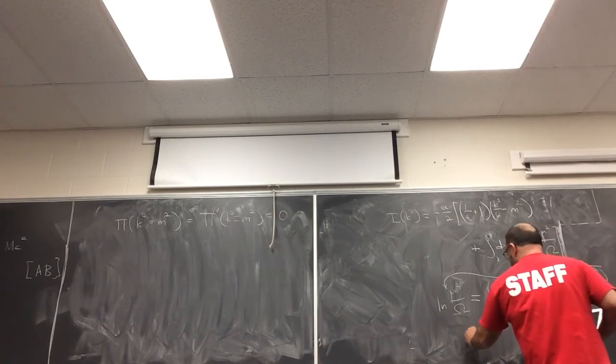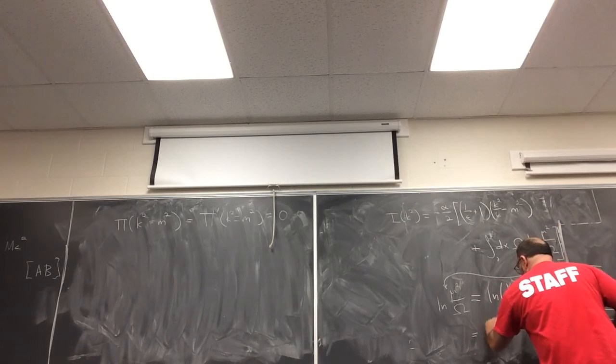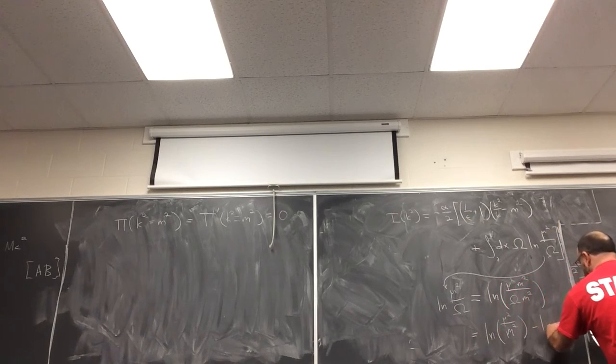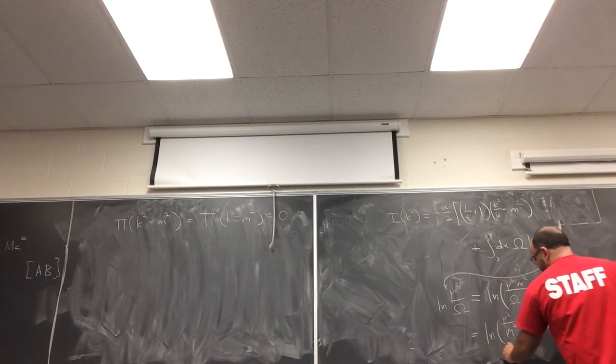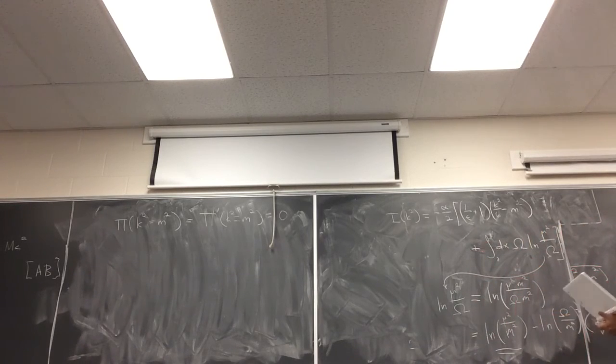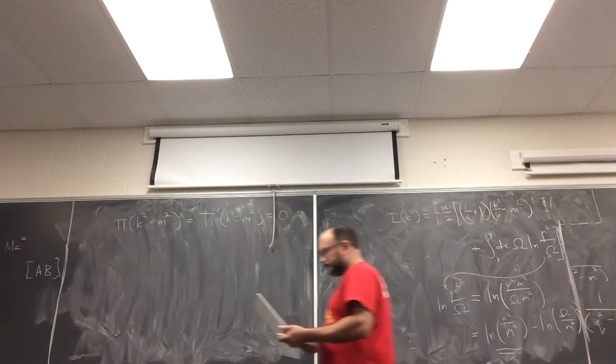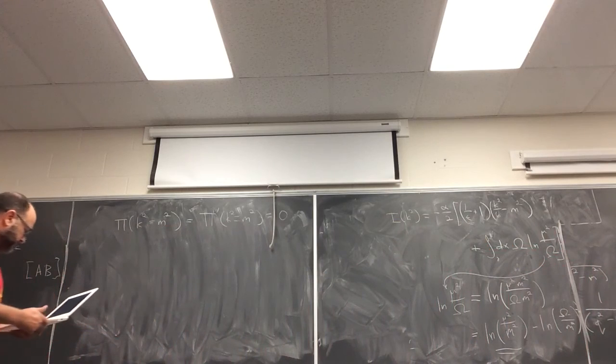Then using the property of logs, it gives me natural log mu squared over m squared minus natural log of omega over m squared. I'm doing this because when I use those boundary conditions, I want to cancel off the mu squared behavior, and I had to pull it off of this term because it was being integrated over. Now this is just a constant, it can come out, and I can cancel it off with the counter terms. That's just some bookkeeping.